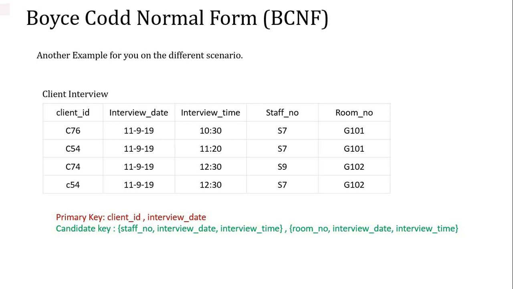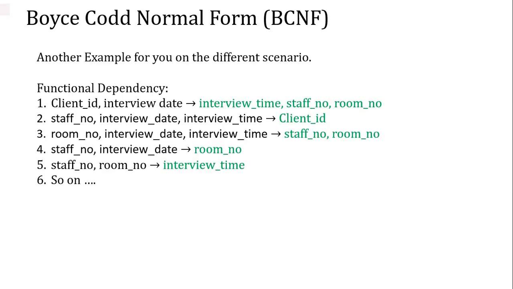So here we found some functional dependencies. There are 5 functional dependencies, and in your exam you may find more, or you may have to create the functional dependencies yourself.